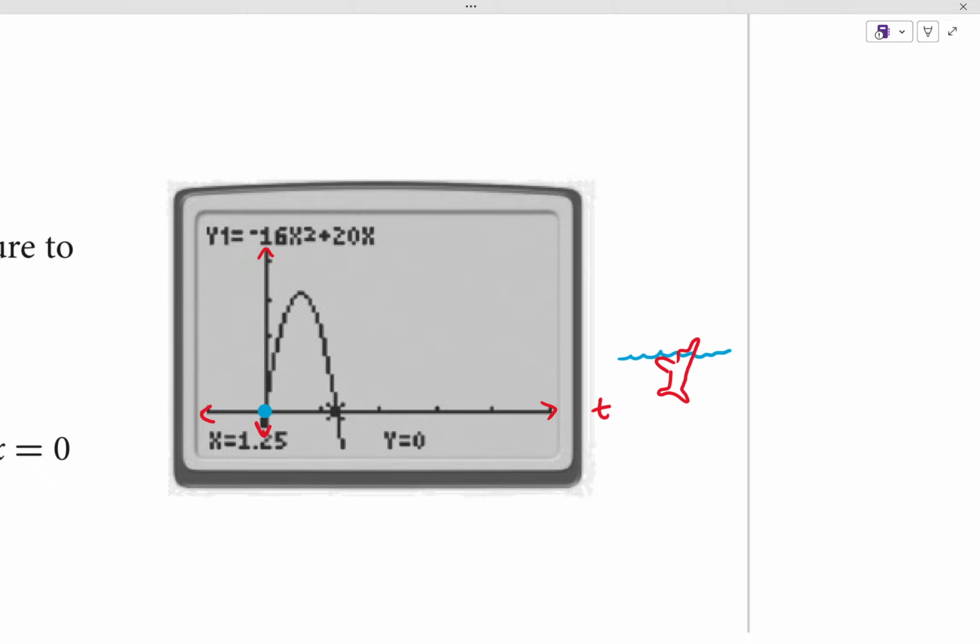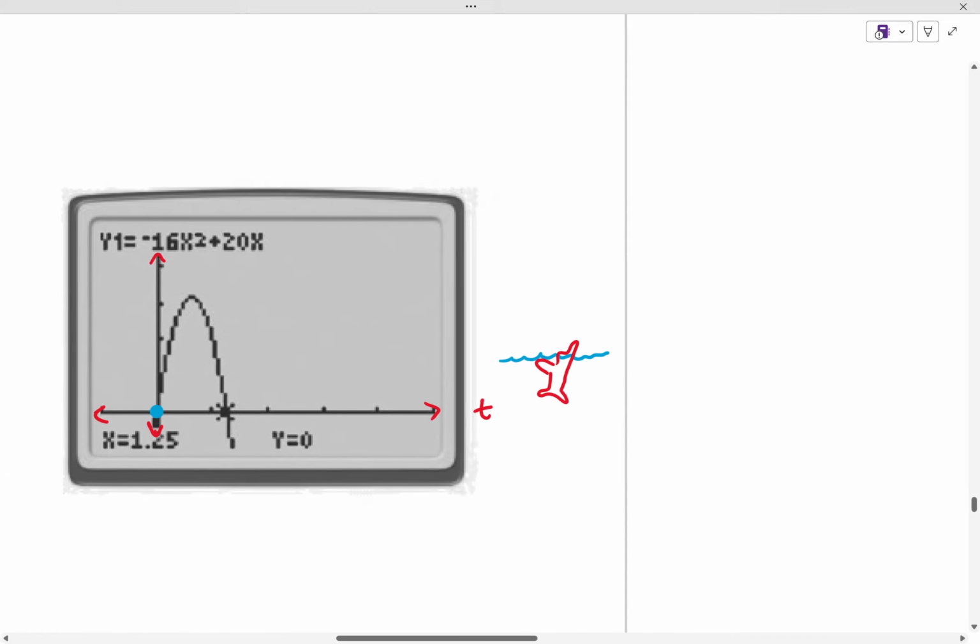Here's my dolphin. Okay, it's at 0 feet right now. It's right at the water. So it's gonna jump out of the water, and it's gonna come back down. Right here is the maximum height the dolphin is gonna go. Okay, the maximum height, also represented right here.